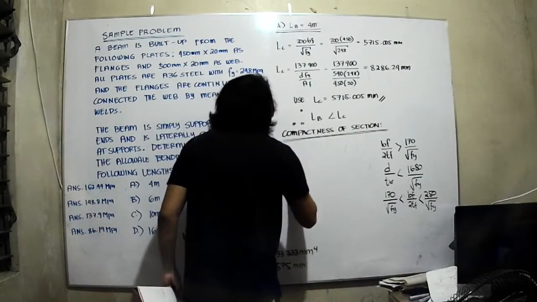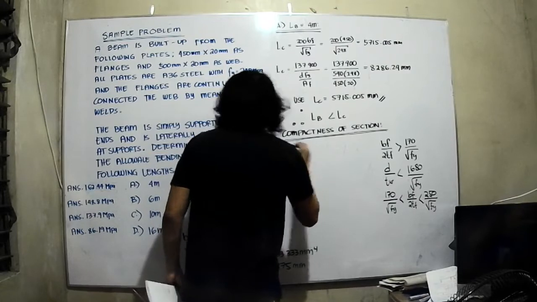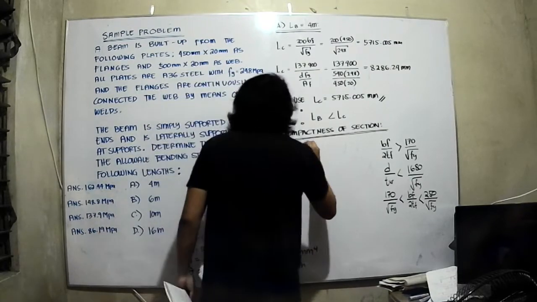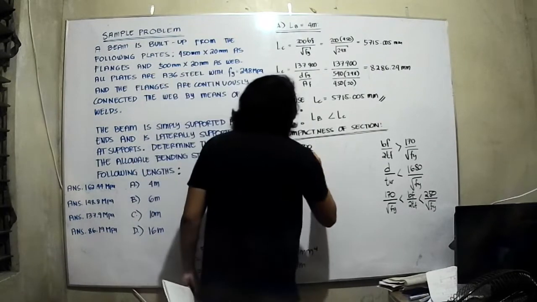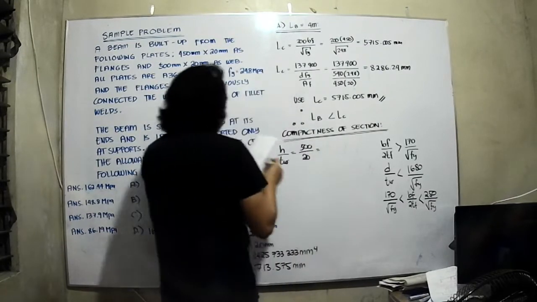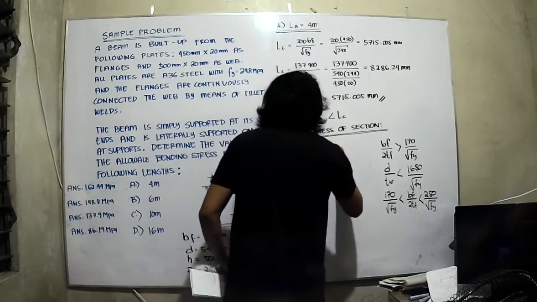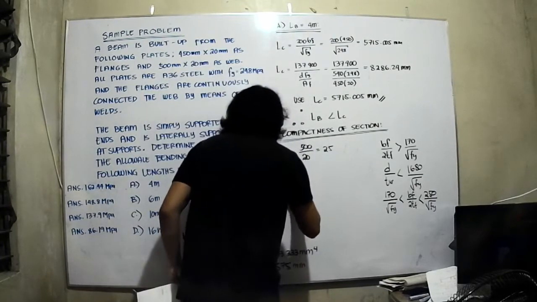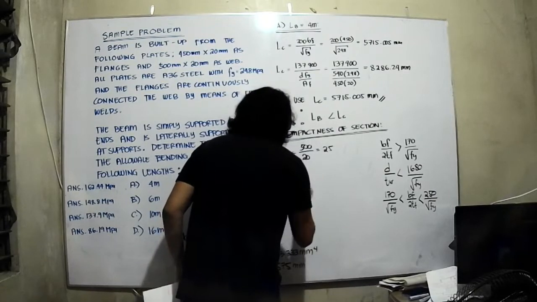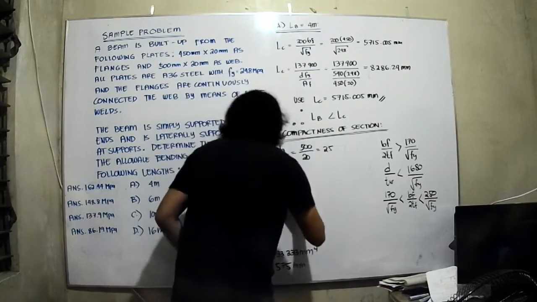Let's talk about H over TW, ba? H is equal to 500 divided by TW which is equal to 20. And that should be equal to 25, ba? Now, kani siya ato i-compare ni siya kay kaning 1995 over square root of Fy.